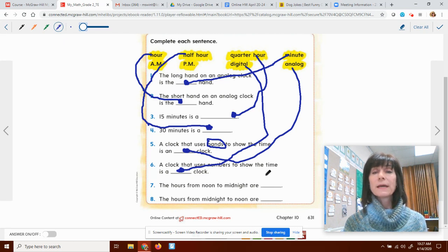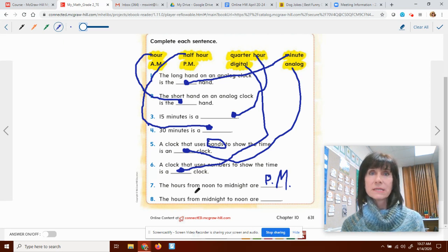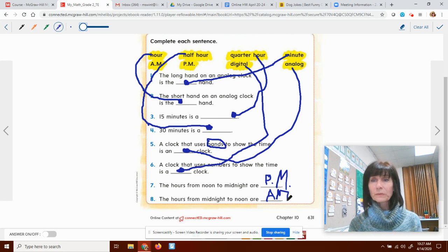And if you said PM, you are correct. You can almost think of it as maybe post-morning. So then last but not least, the hours from midnight to noon would be the AM hours, morning. Let's turn the page.